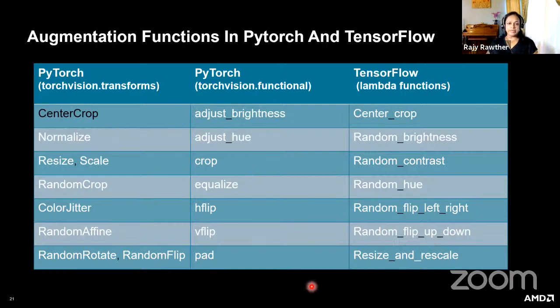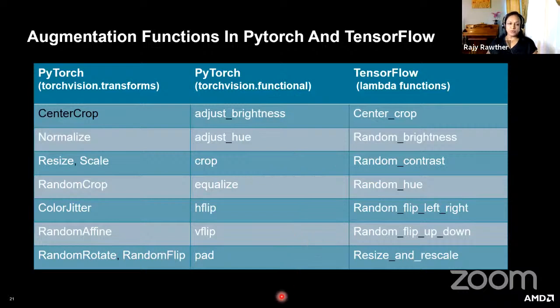Here are some augmentation functions in PyTorch and TensorFlow. PyTorch and TensorFlow have different augmentation functions, but they pretty much do the same thing. In PyTorch, they have torchvision transforms, which has functions like center crop, normalize, resize, scale, color jitter, etc. These are more for random augmentations, and they also have functional transforms.